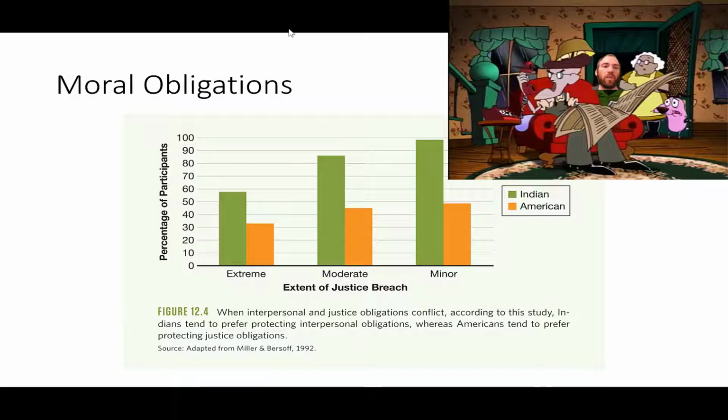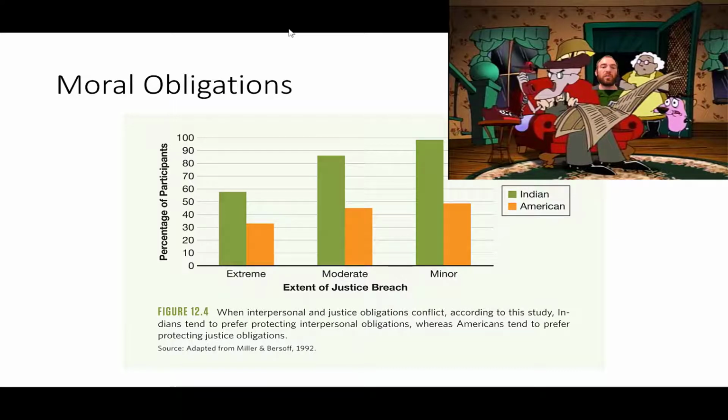So the crux of this, going back to the previous slide, is we have differences between moral obligations and social personal choices. In this study, they asked a series of questions and asked two groups, Indians and Americans, to decide which is more important in a scenario.